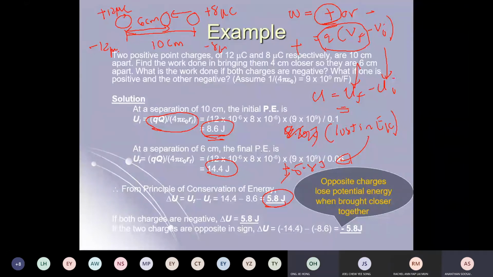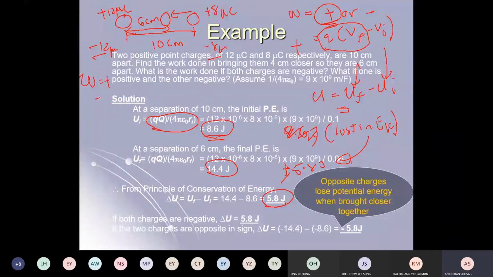You need to sweat. Like charges are going to repel. So if you want to make them closer, you have to do positive work. The work is going to be positive.